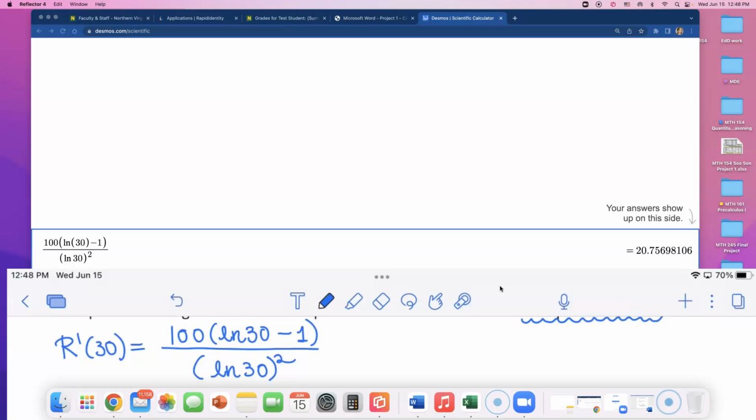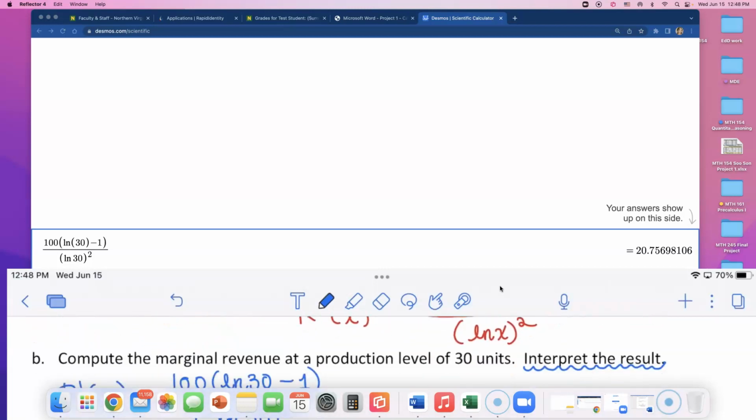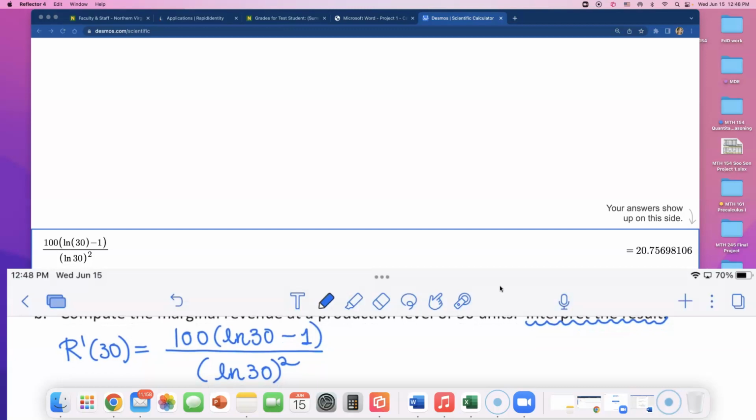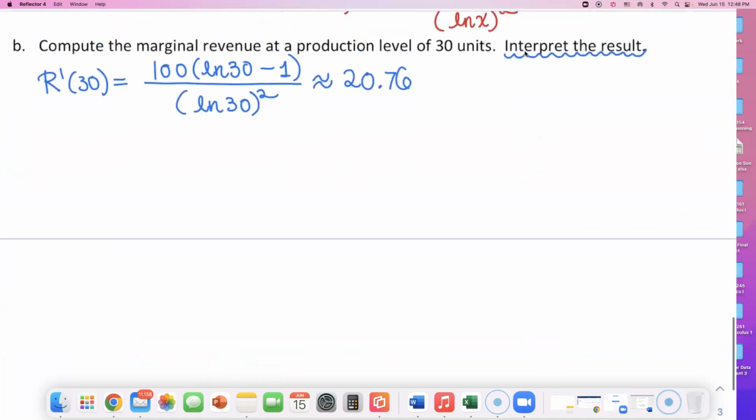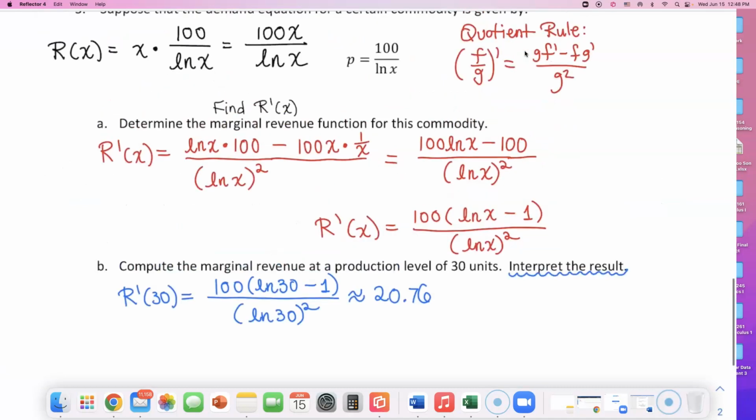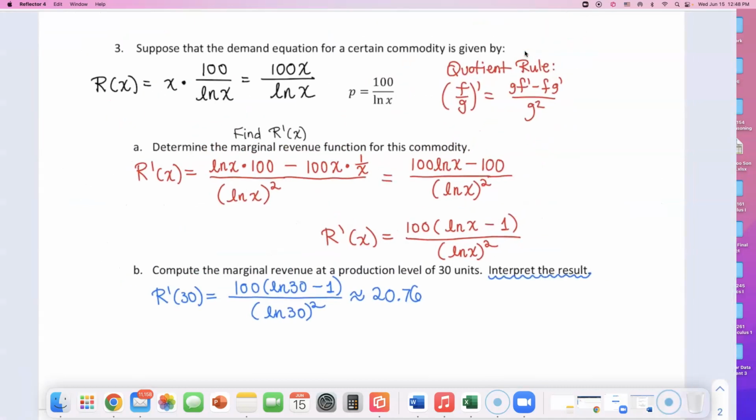So this came out to be, now there was no rounding rule, so I'll just write down 20. Usually these are money, so I'll go ahead and write down 20.76, okay? And let's talk about this answer. How do you interpret marginal revenue? So you can write something like this. The number that we plugged in was 30, right?